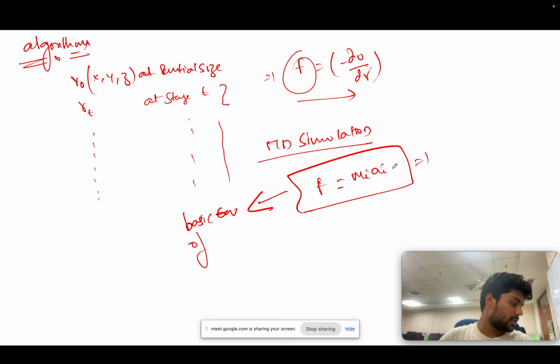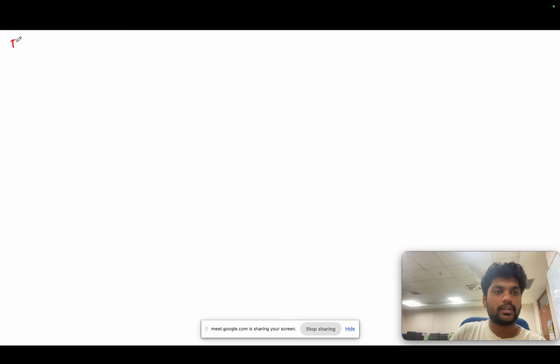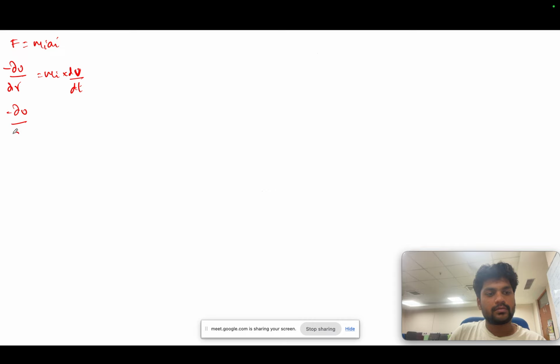So now we know that force is nothing but dU by dr. It is equal to mi into d square r by dt square. So if I write f equal to miai, f is nothing but dU by dr, nothing but mi into dv by dt. This is velocity. So now m into d by dt of dr by dt.